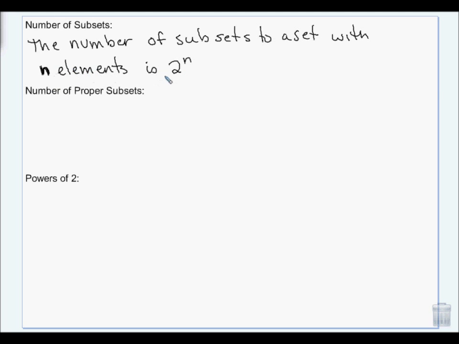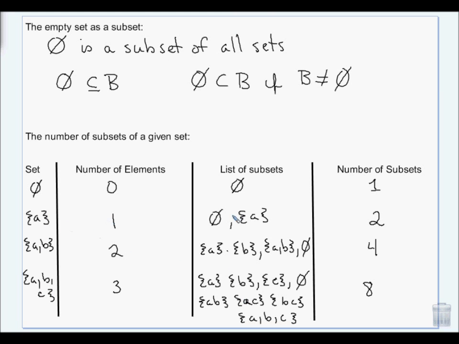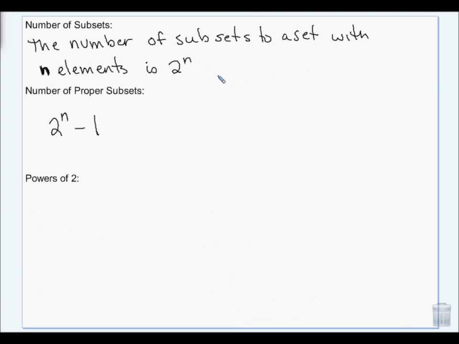To find out how many subsets are in that set, I take 2 and I raise it to the power of however many elements were in the set. Okay? The number of proper subsets then would be 2 to the n minus 1. And the minus 1 comes from, I'm going to back up for just 1 second. If we look here, each of these included itself, so we're subtracting that one away. So we take itself away, because that's not a proper subset.